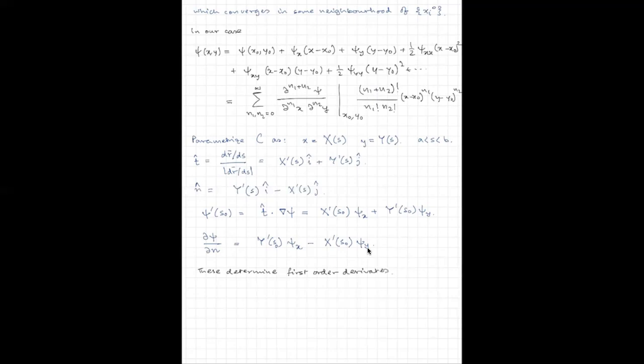And now we want to move on to second order derivatives. So we want psi xx, psi xy, and psi yy.